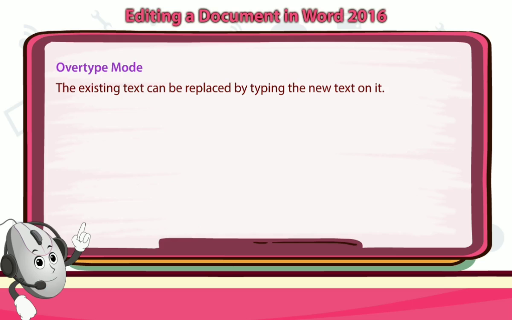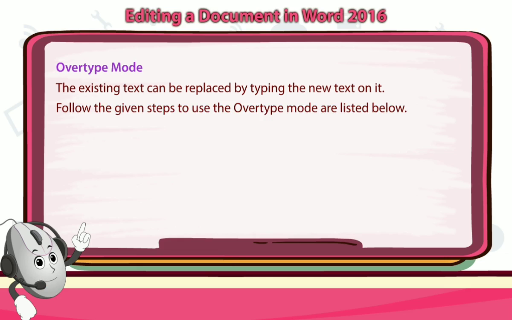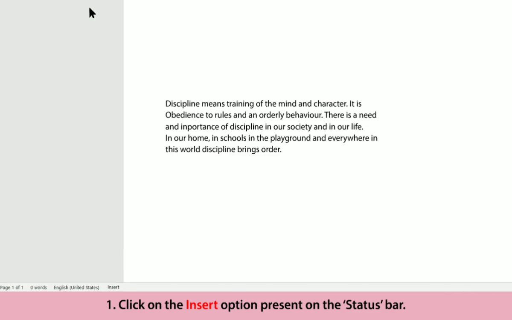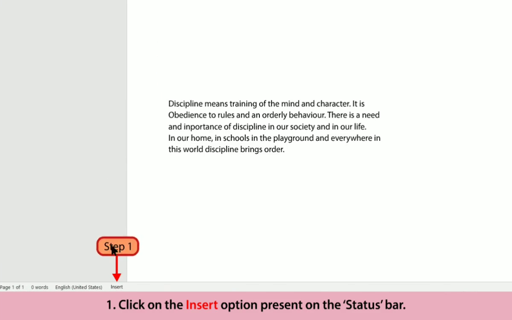Now overtyping mode. The existing text can be replaced by typing new text over it. So let's learn how to use overtyping mode. Step number 1. Click on the insert option.